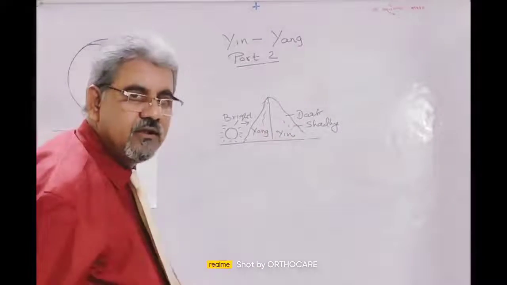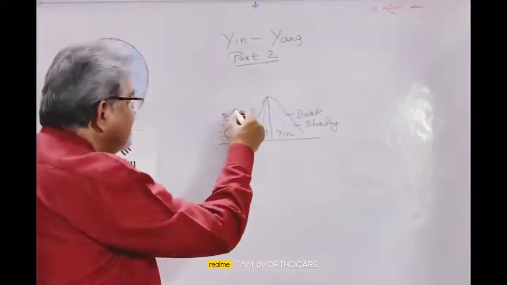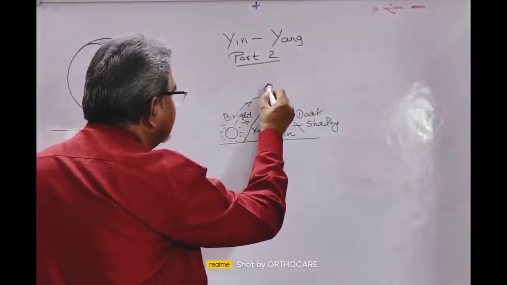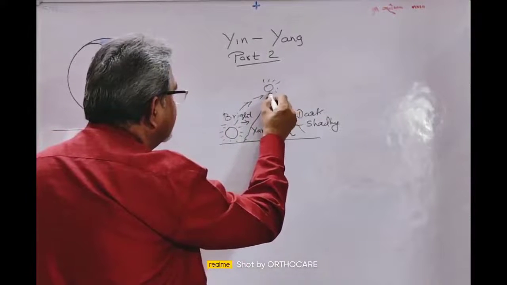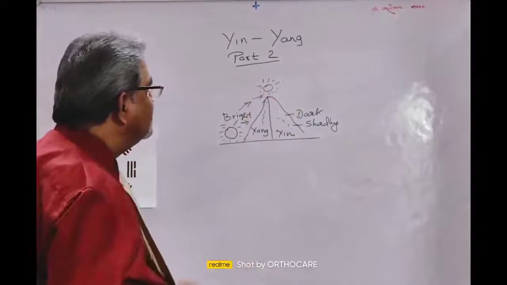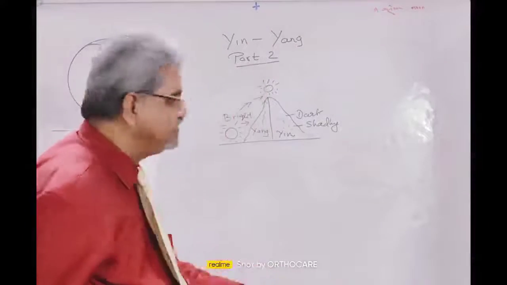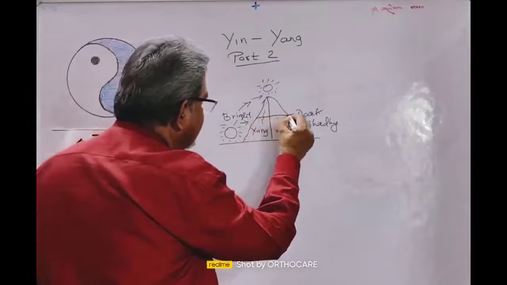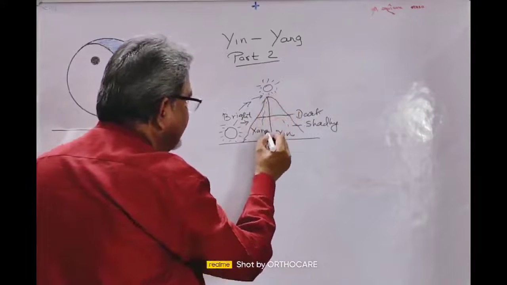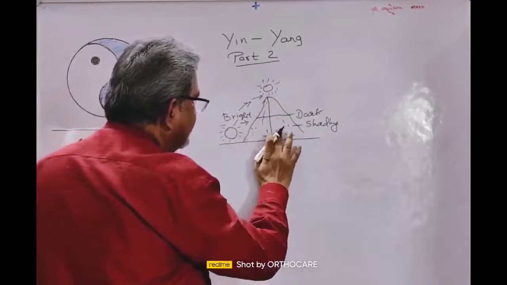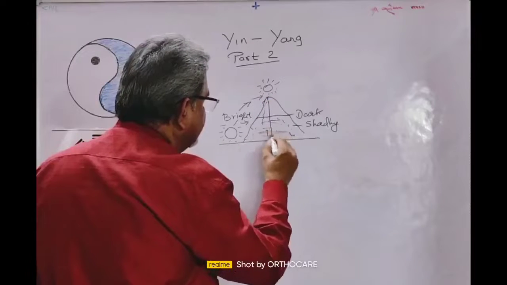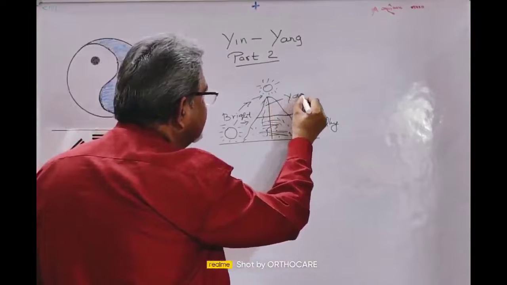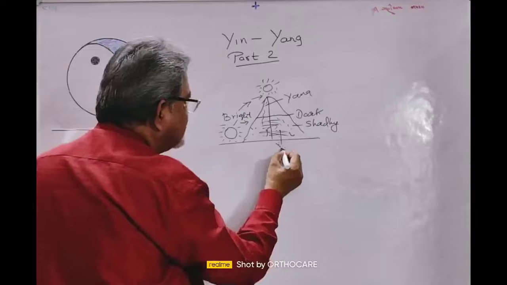Fine. Now as the sun rises up and comes on the peak, the sun is in full yang. Half of the part is getting brightness and the other half is in the shade. So now this part is yang and this part is yin.